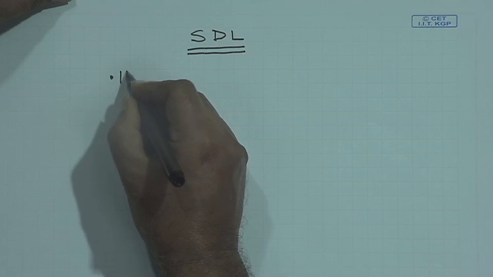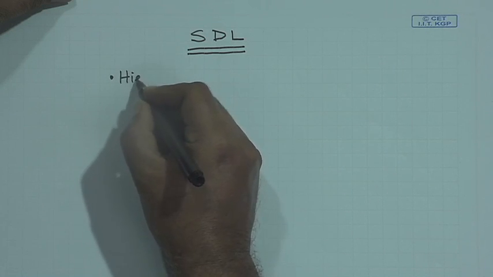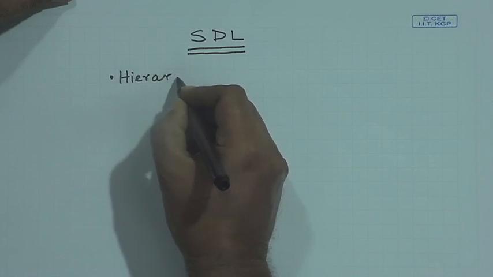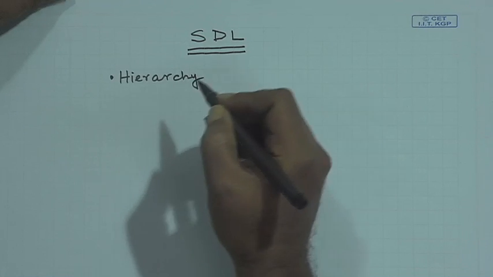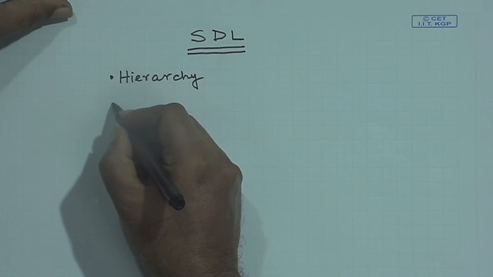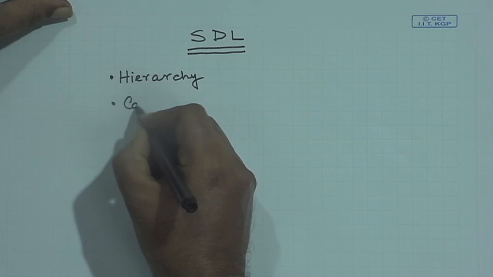It is another example of state based representation. It has got our requirement satisfied, that is hierarchy is satisfied in this, concurrence is also satisfied in this.